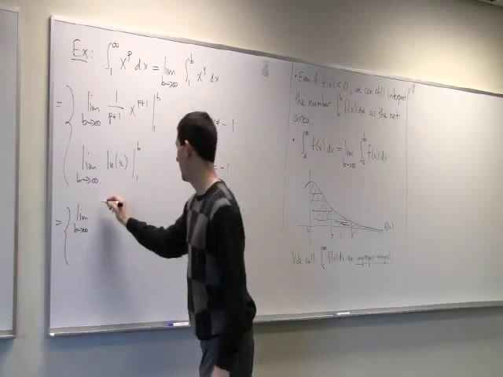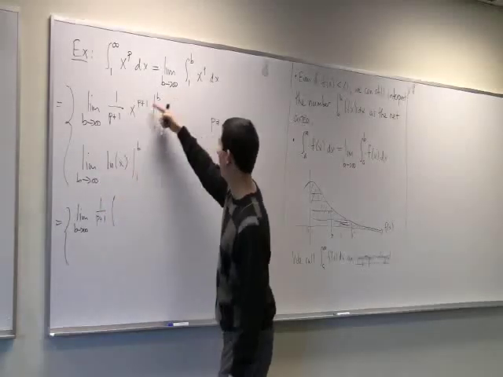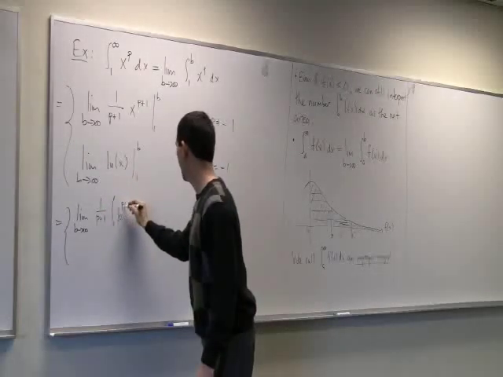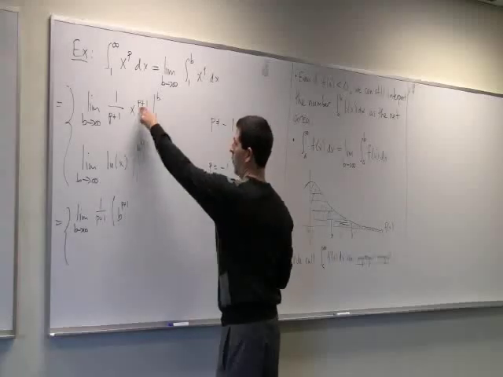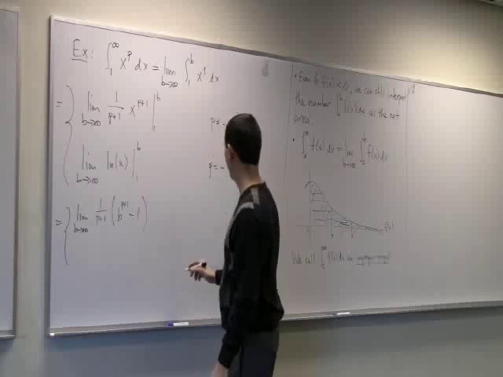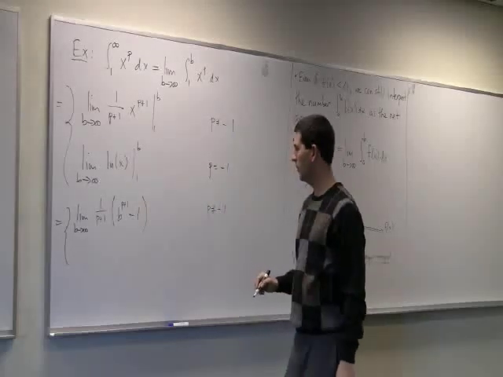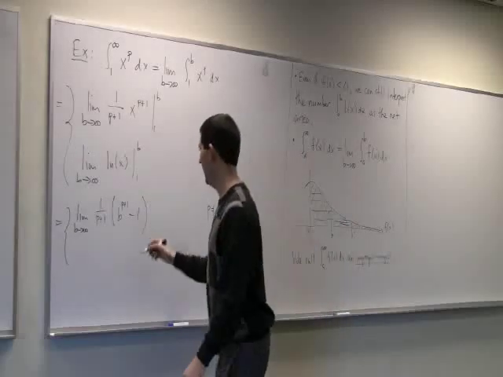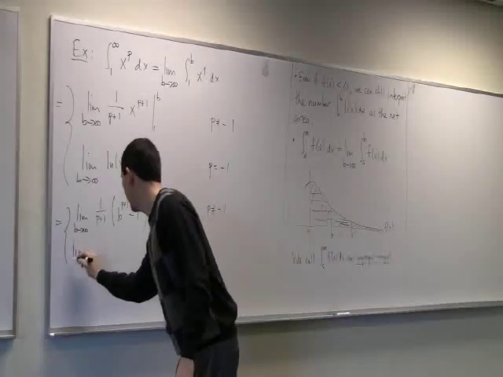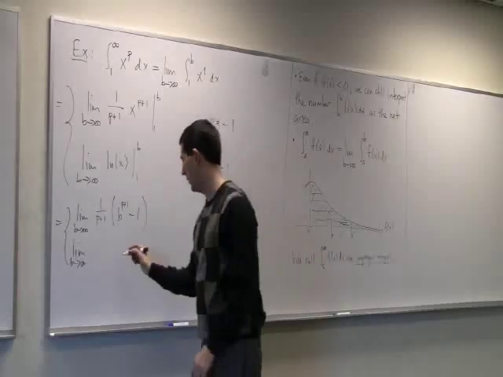And let's see, we get 1 over p plus 1 times, okay, b to the p plus 1 minus 1 to the p plus 1. Minus 1. And in the second case, we get the limit as b goes to infinity, ln of b minus ln of 1.